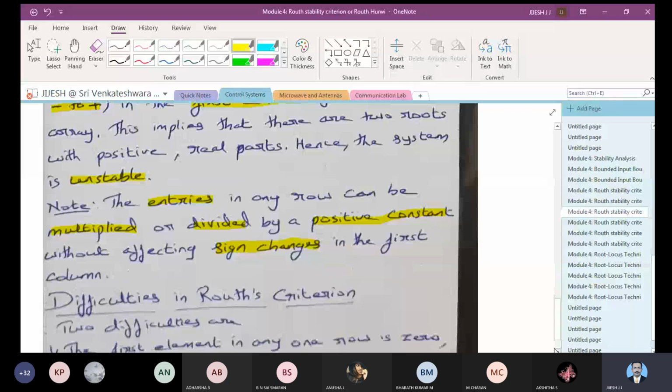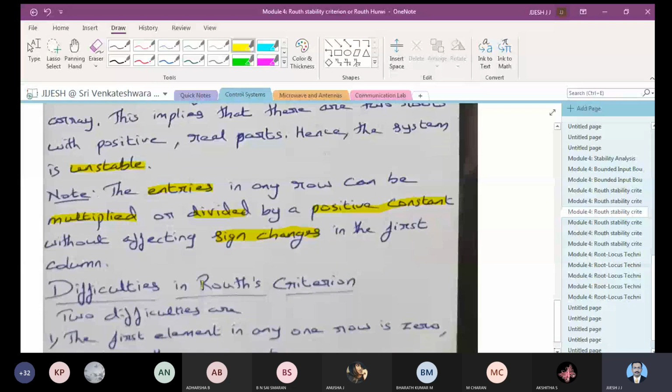If you are asked to explain the roots stability criteria and all those things, you should also explain the difficulties in the roots criteria. This should also be there in your answer.